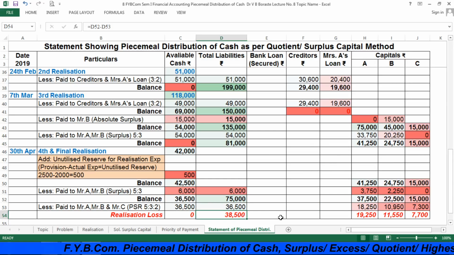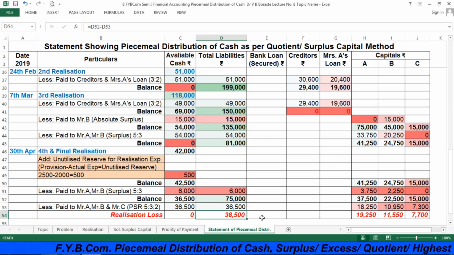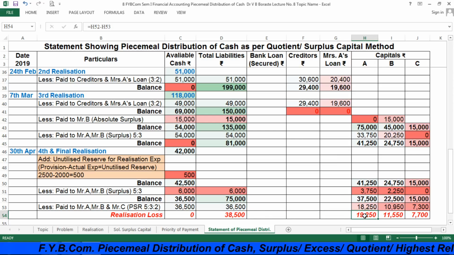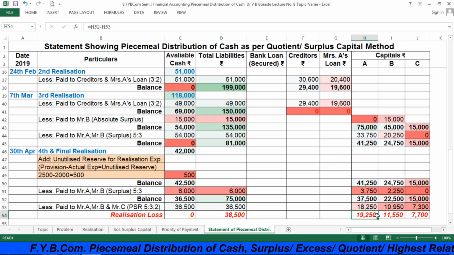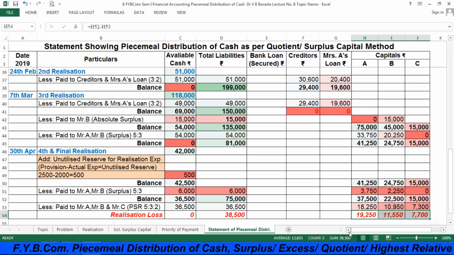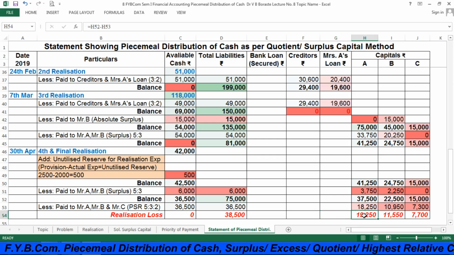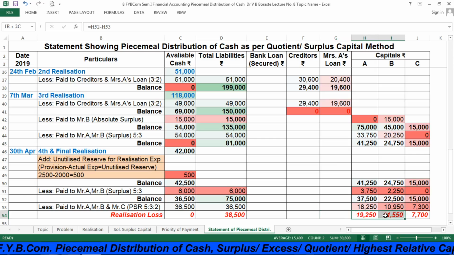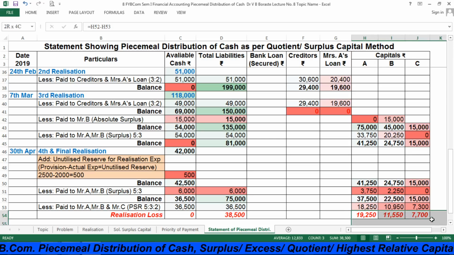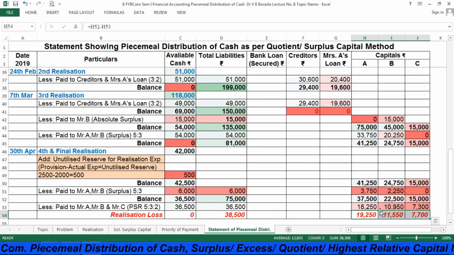That means we are unable to pay this 38,500, and you can cross check that amount by adding the balance capital of A, B and C. Here you can see the total of rupees 38,500. That means Mr. A bears 19,250 as a realization loss, Mr. B bears 11,550 and Mr. C bears 7,700 as a realization loss.